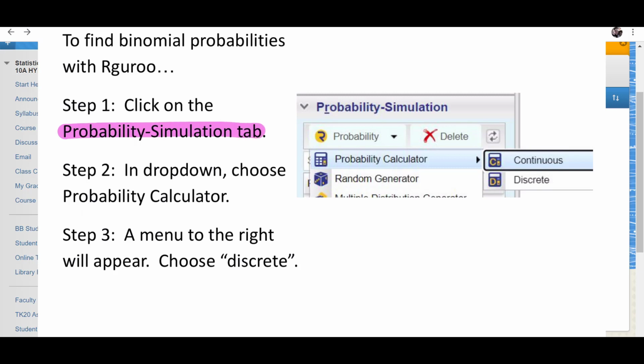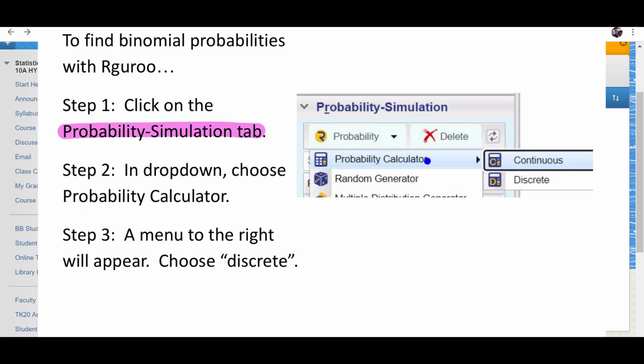When you look on the left-hand side, there's a Data tab, a Plots tab, an Analytics tab, but then there's also a Probability Simulation tab. You want to click on that, and there's a drop-down that says Probability. In the drop-down, you want to choose Probability Calculator.